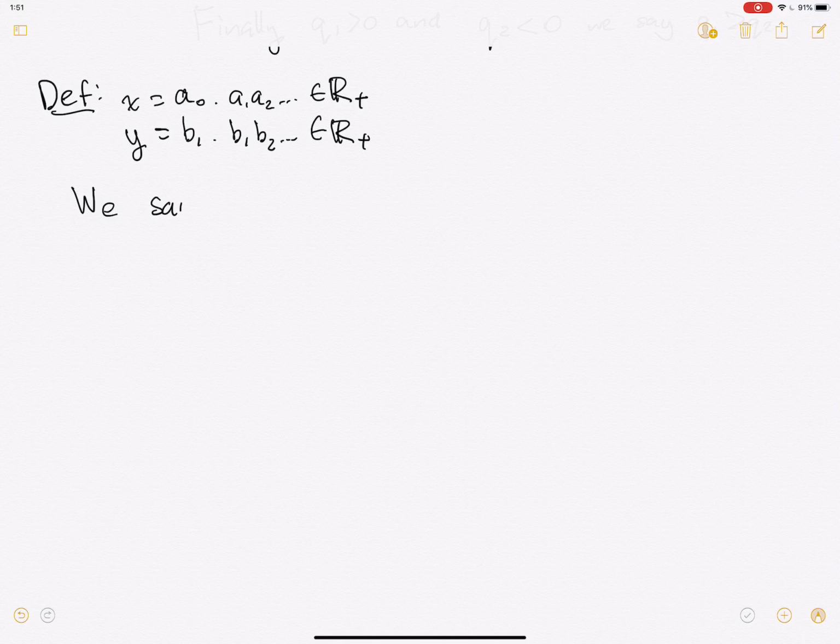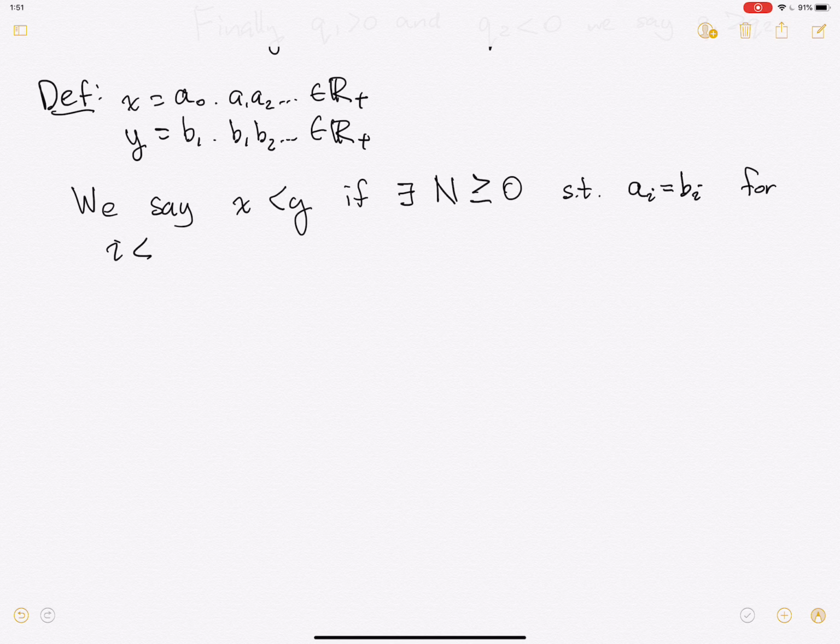We say x is less than y if there exists n greater than or equal to 0 such that a_i equals b_i for i less than n and a_n is less than b_n. So we're saying that eventually one of the numbers in the decimal expansion is greater than the other.